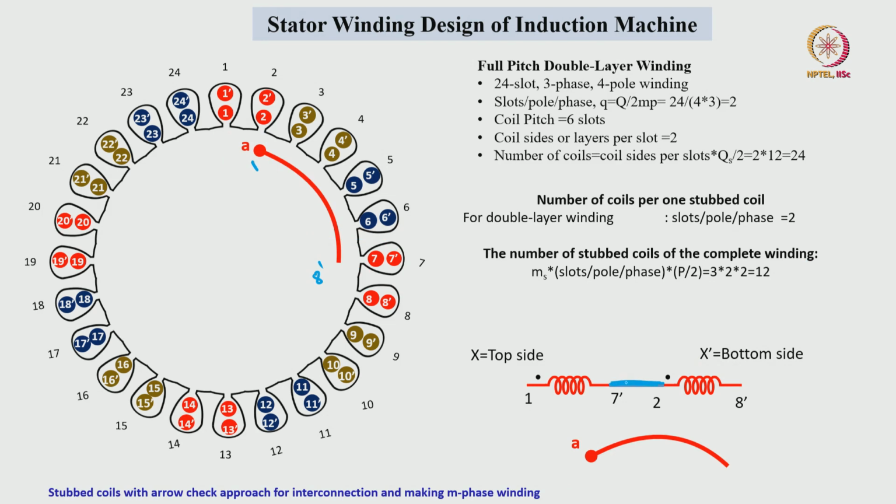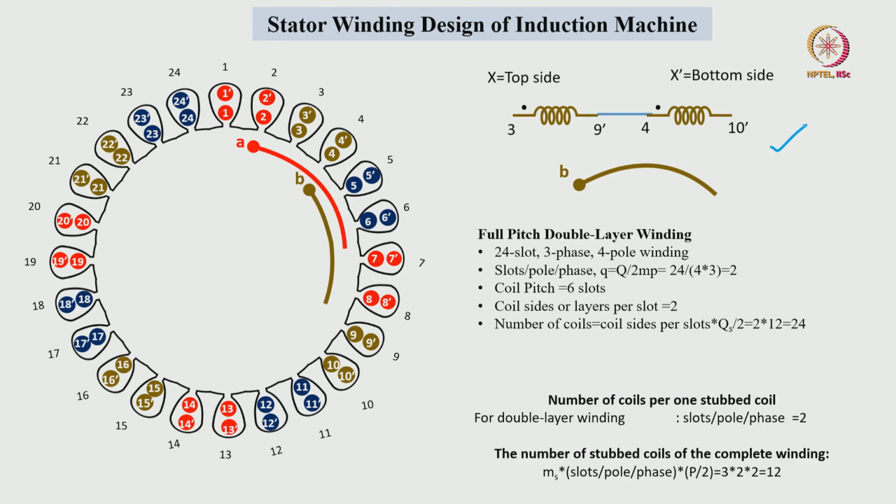We have to join the 7 dash coil side end terminal and second slot top side coil side starting terminal. The ending terminal of first coil and starting terminal of second coil we have to connect. The ending terminal is placed at the bottom side of slot number 7 and starting terminal of second coil is placed in top side of the slot number 2.